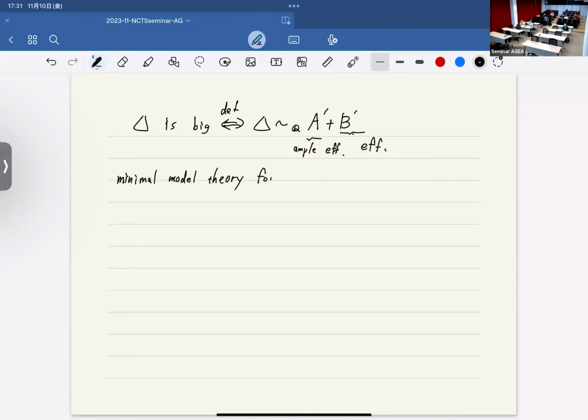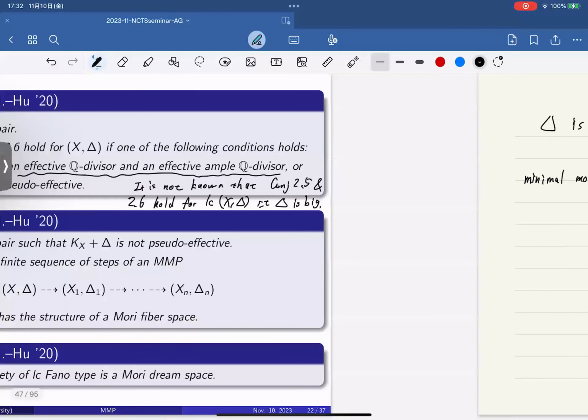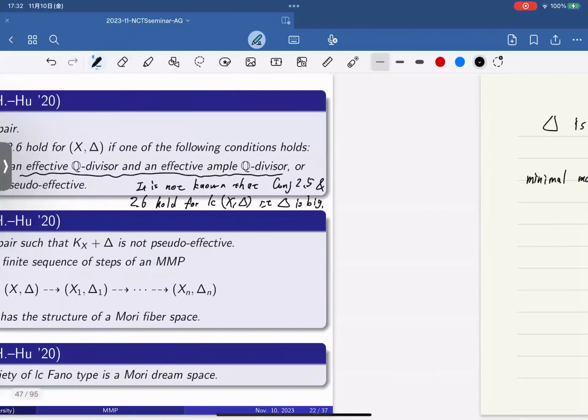But in your statement, you need Δ equal to ample plus effective. Yeah, I see, I see. Yeah, this is equal to.